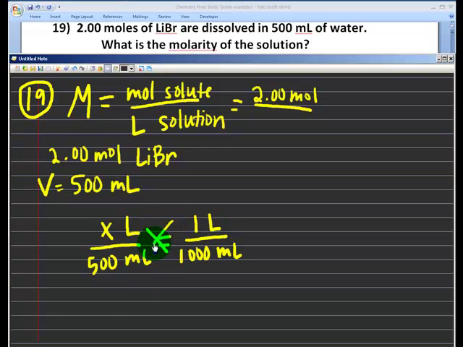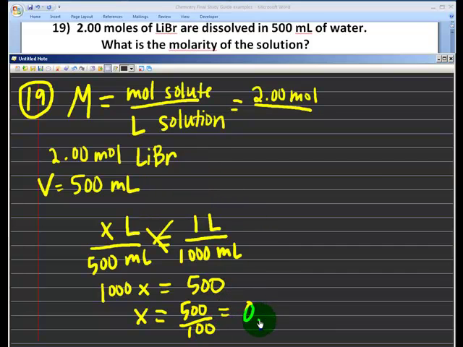I'm going to cross multiply. So I get 1,000x equal to 500. You simply divide both sides by 1,000, so you get 500 divided by 1,000, which equals 0.500 liters. So 500 milliliters equals 0.500 liters.